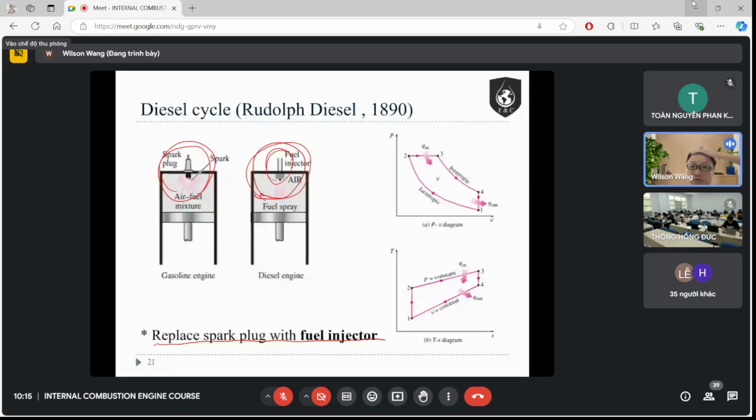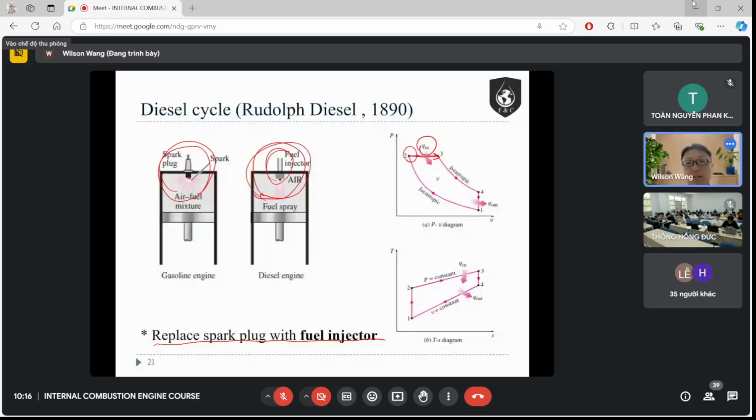All right. So if you look at the PV diagram, process 1 to 2 is isentropic, which means constant entropy, and then 2 to 3 is the heat input, and 3 to 4 is an isentropic process as well, and 4 to 1 is the heat output.